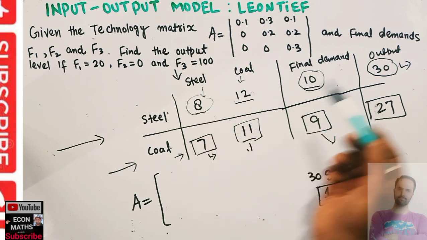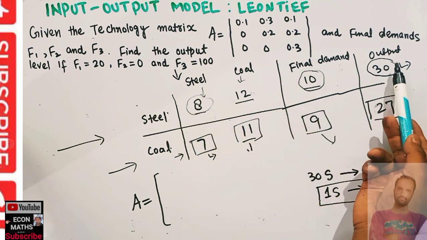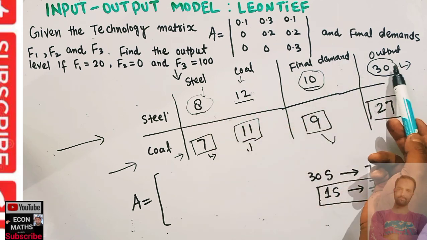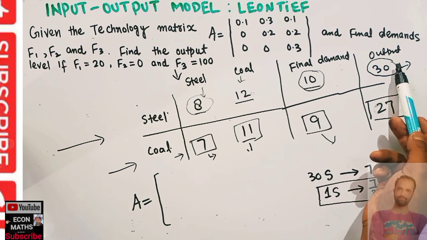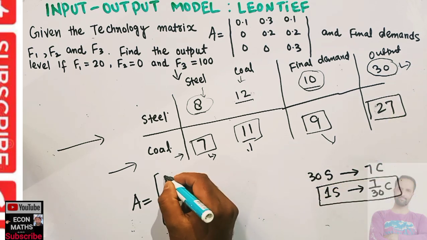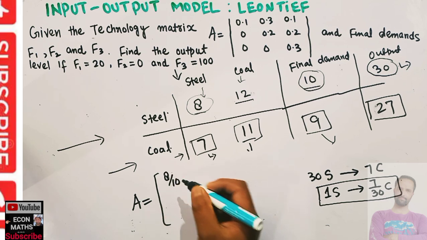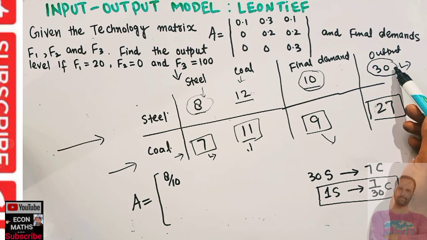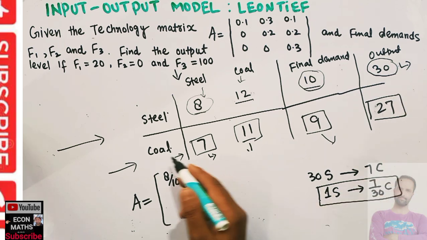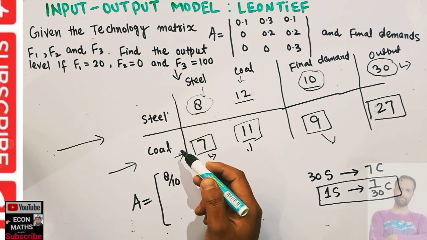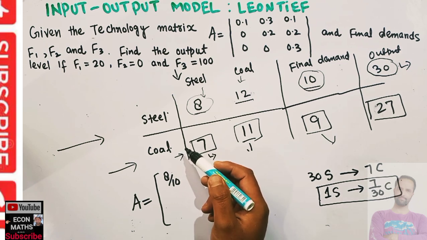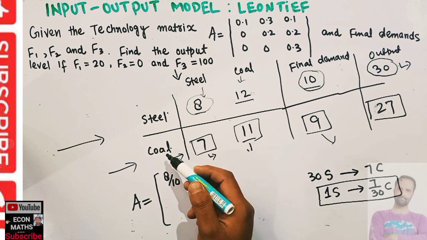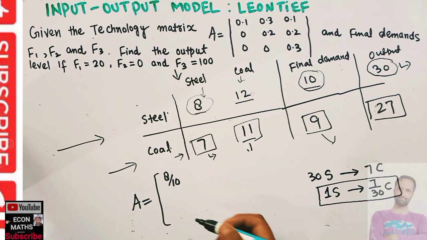Similarly, 8 units are required to produce 30 units of steel. That means here we have 8 divided by 30. Similarly, if 7 units of coal are required to produce 30 units of steel, it simply shows us the share of input of one industry in the output of the other industry.